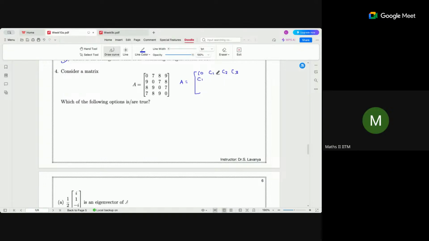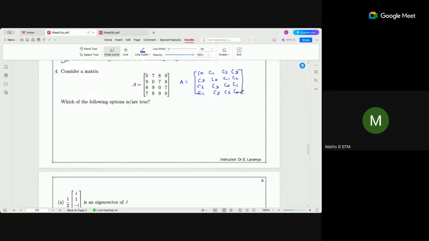The next row should be C3, C0, C1, C2, then C2, C3, C0, C1, and then C1, C2, C3, C0. The first entry now is the last entry.